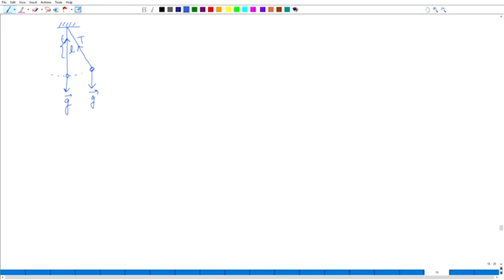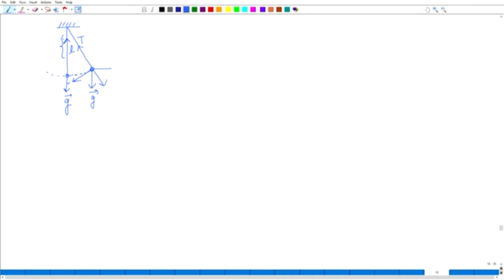Then we can do the component analysis and talk about the dynamics, the force balance in different directions. Here you will have a force balance in the radial, outward and inward directions, and also the tangential direction with respect to the arc of the circle, which you all know.